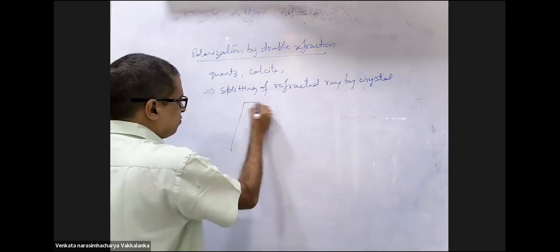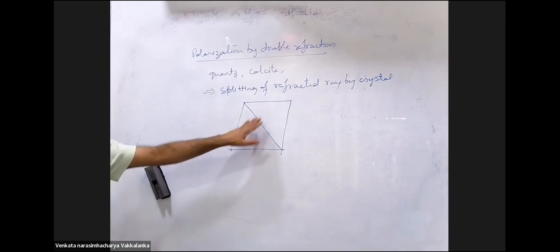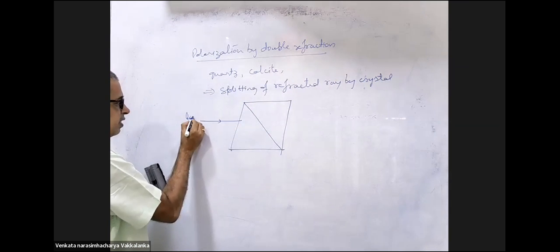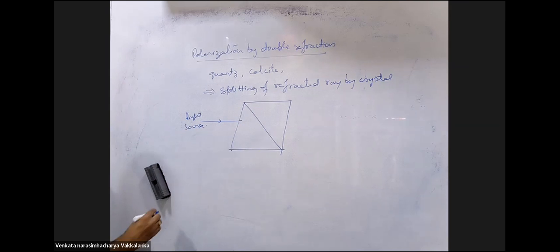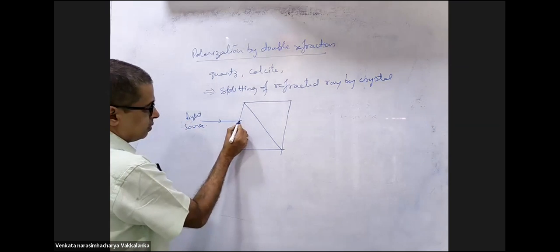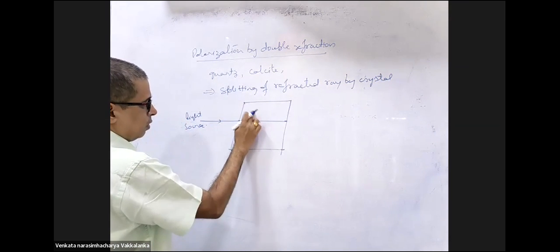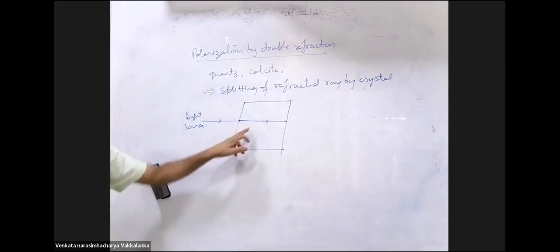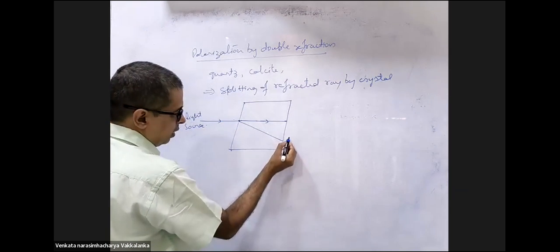Just draw this diagram for calcite. What happens here is, this is one prism, this is one prism. This is originally the light source. This effectively goes straight. You are splitting this light signal. This is one signal, the other will go this way.